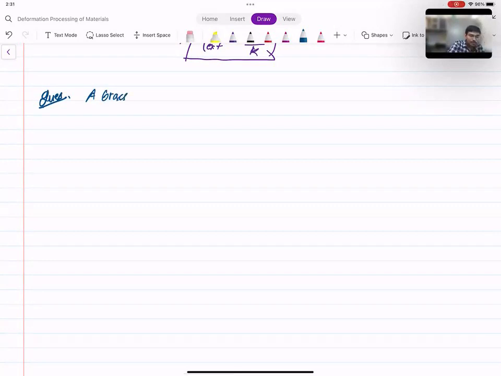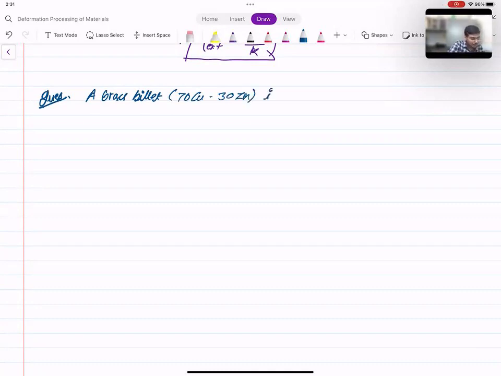Okay, so a brass billet is being extruded. Let me write the composition of brass also. So this is 70 copper, 30 zinc.